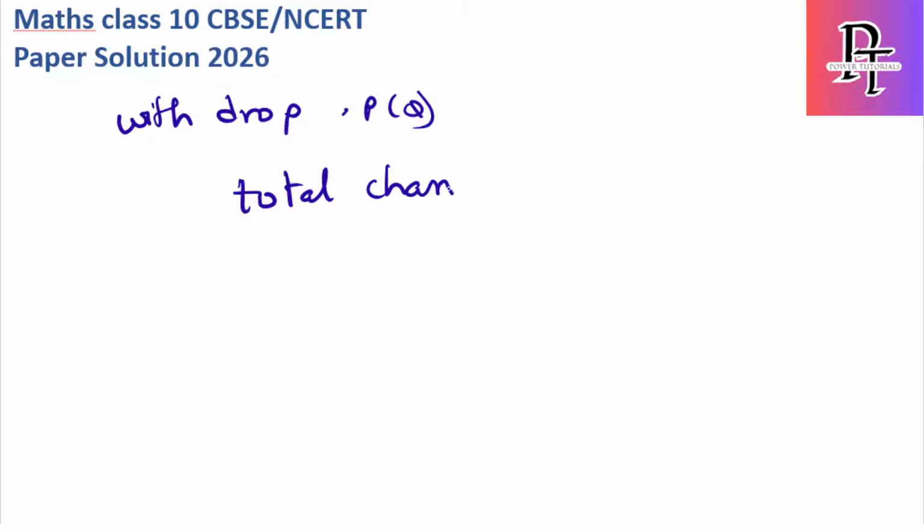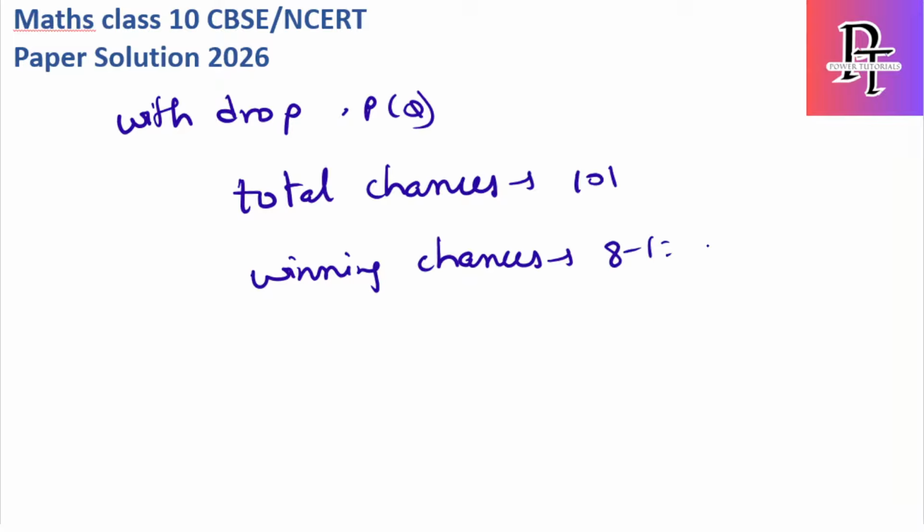Now with drop means the total chances became 101 because 3 are dropped, and winning chances, so total 8 minus 1 because one queen is also dropped, so total 7 we have it. So now the probability of Q, so this I will write with drop, will become 7 by 101.